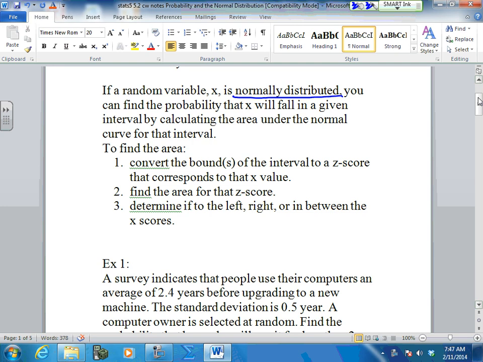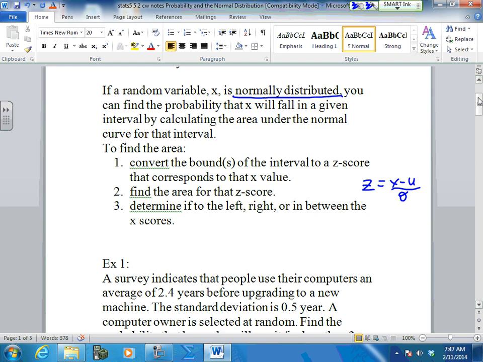Okay, so we know how to look up the z-scores. Now we're going to tie those z-scores in to pull your probabilities in. You're going to convert the bound, or the bounds, of the interval to a z-score that corresponds to that x value. We're going to use your z-score formula. We're going to give it an x, find your mean and your standard deviation, and give that x value a z-score.